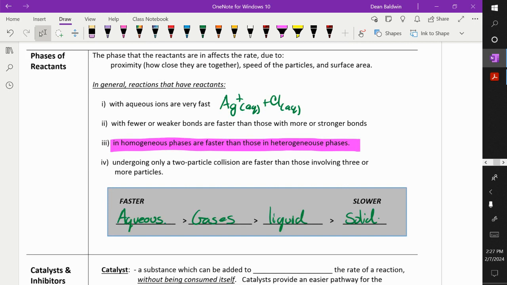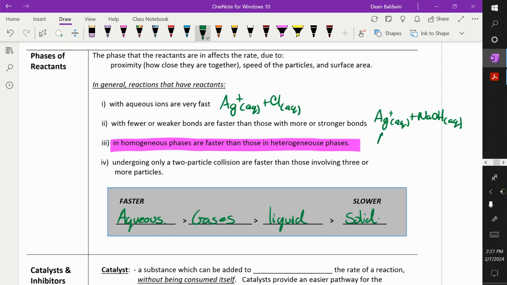So if I had silver ions reacting with chloride, that should be a chloride ion. Actually, let's do this. Say silver ions reacting with sodium hydroxide, but I dissolve the sodium hydroxide in water.